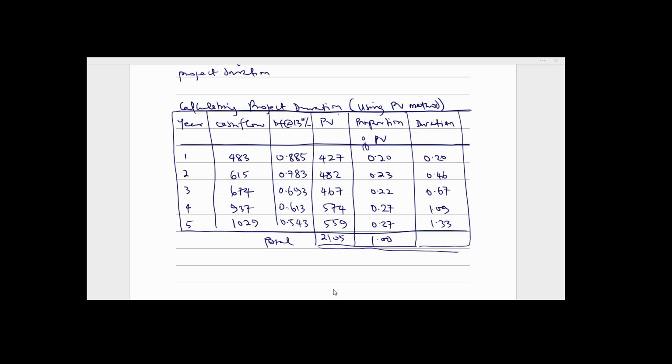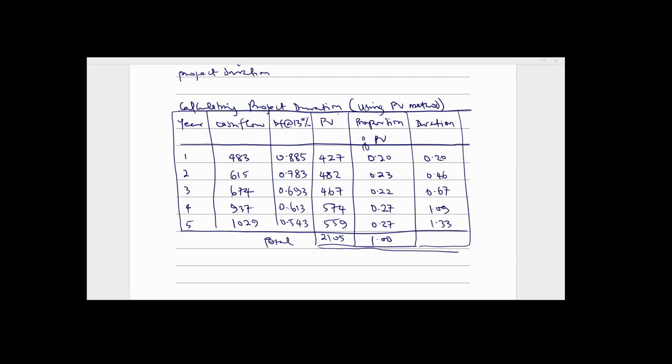So where is the problem coming from? 0.2 plus 0.23 plus 0.22 plus 0.27 plus 0.27. So 1.19. Something is wrong somewhere.